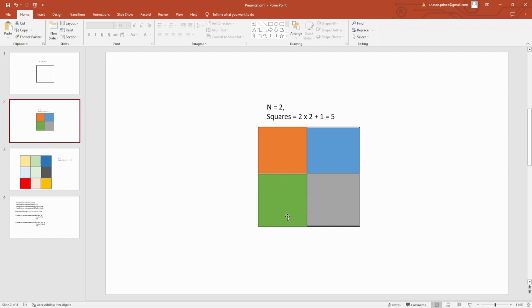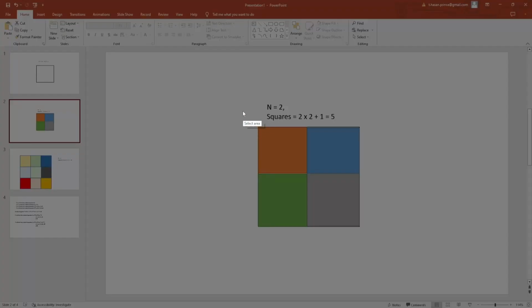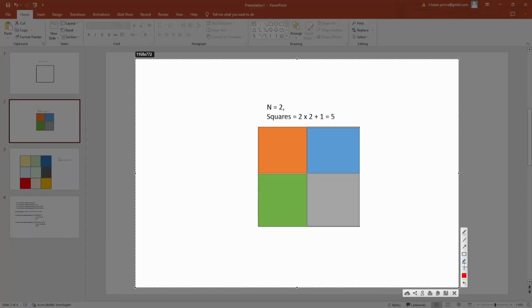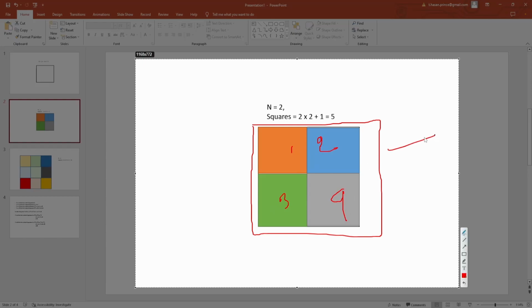So 1, 2, 3, 4. And where is the other one? Let me draw this for you. And the other one is this one, right? The whole one. So 1, 2, 3, 4, and 5. So when n is equal to 2, we have 5 squares.